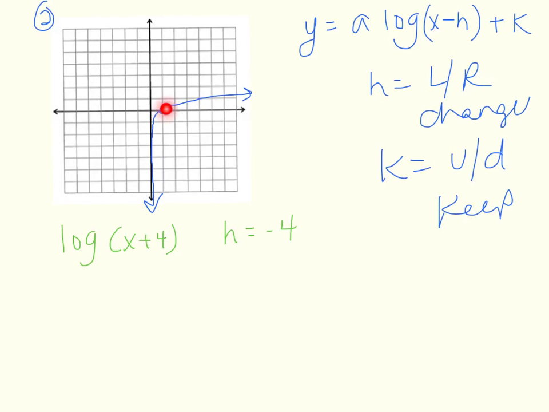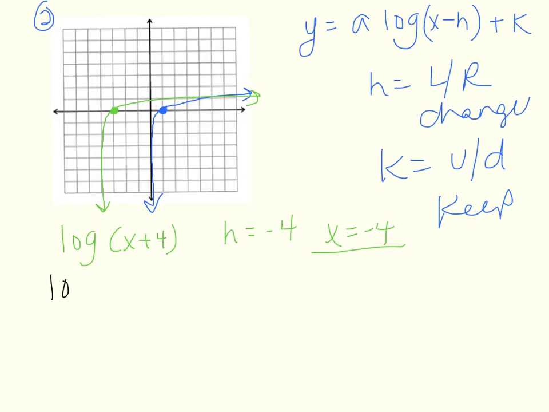So you move from this key point (1, 0) left 4. 1, 2, 3, 4. You curve back 1. So this right here is your vertical asymptote, and it's at negative 4. So there's your vertical asymptote equation.